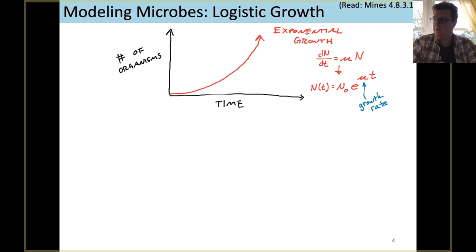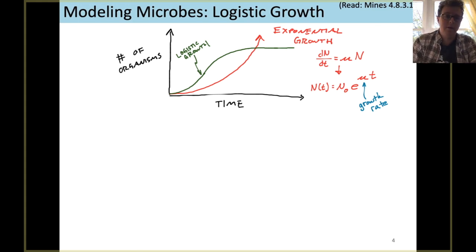Now, this is seldom the case in a real system because exponential growth indicates that there are no bounds. Much more common is to represent this as a bounded form of growth, or logistic growth in this case. Early on we may see exponential growth, but populations level out at a carrying capacity.